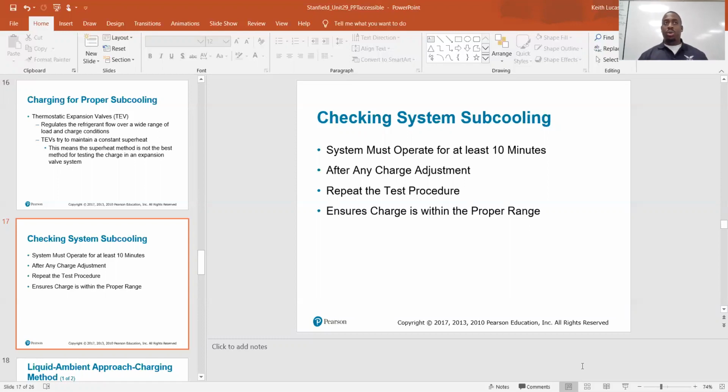If you have too much liquid coming back to your compressor, that's an indication there must be too much refrigerant in this thing, because the way it's designed, it should have boiled off by now. Or the opposite: it shouldn't be boiling off at that rate, so you don't have enough refrigerant. That's the point of superheat and subcool, telling you yes or no, I have enough refrigerant in this system.